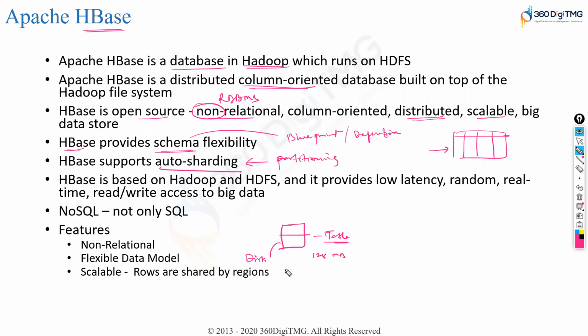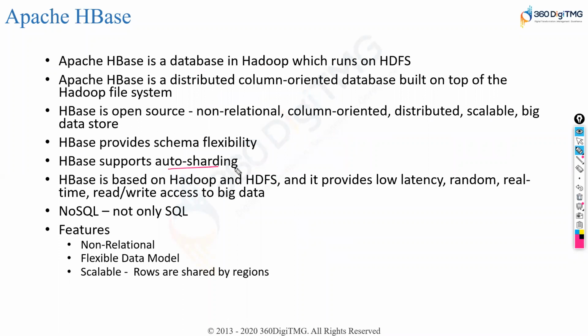That means you're splitting the table. So it automatically supports sharding. That means partitioning. Yes, Abhishek, that's correct. Because it is lying on top of HDFS and HDFS deals with 128 MB blocks, a single block of a table cannot be more than that. So it is automatically doing that.